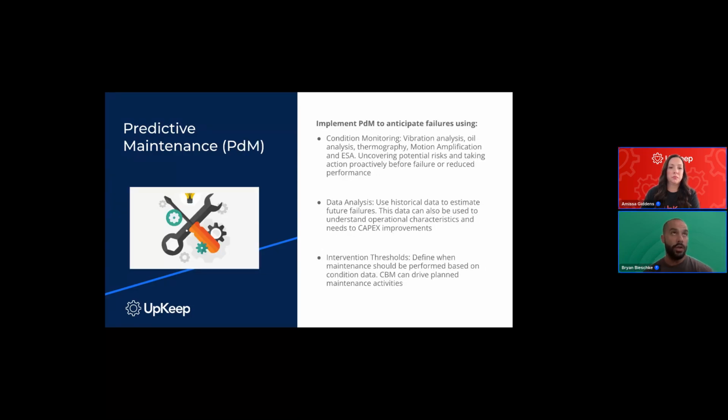All right. You guys know me. I don't like the word predictive, but it is a real thing. We want to use condition-based maintenance, right, to drive the way we plan. Because if we're able to monitor assets based on their condition, we're able to better plan ahead.